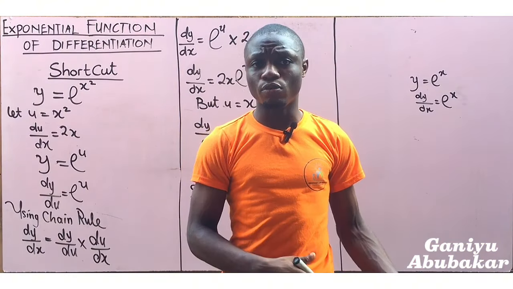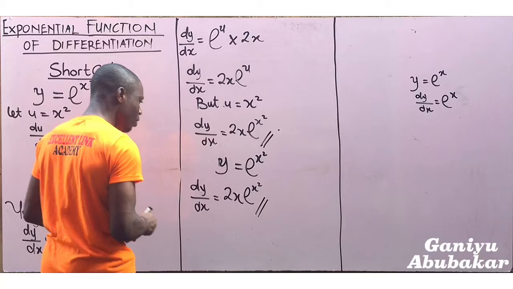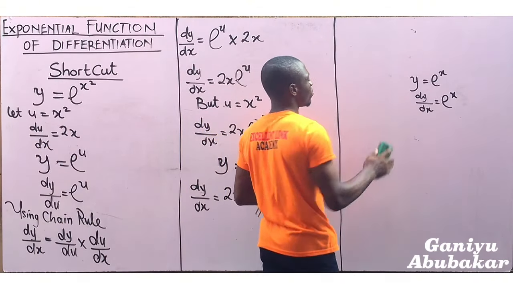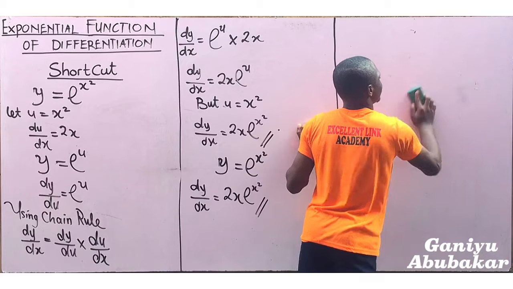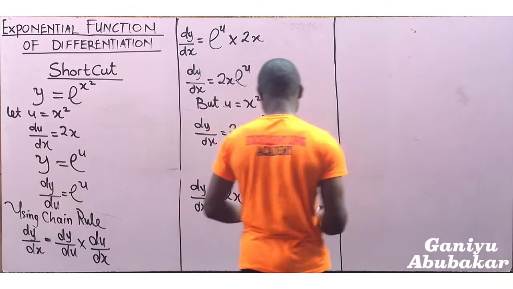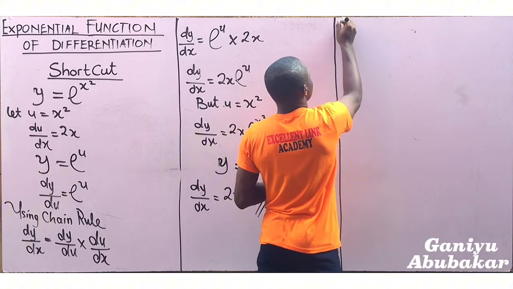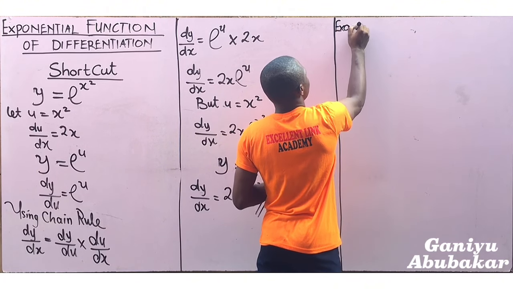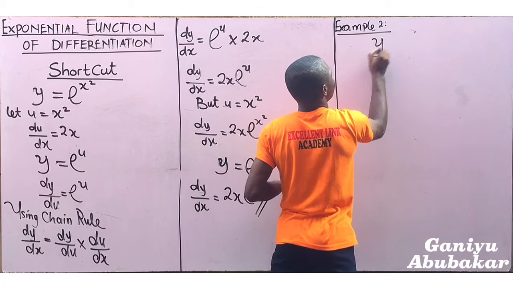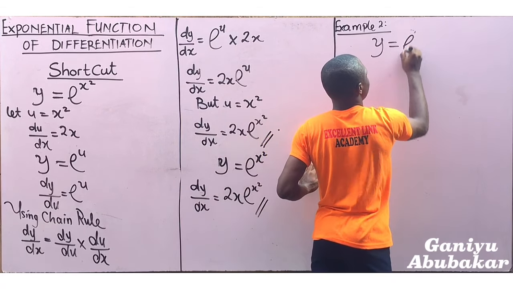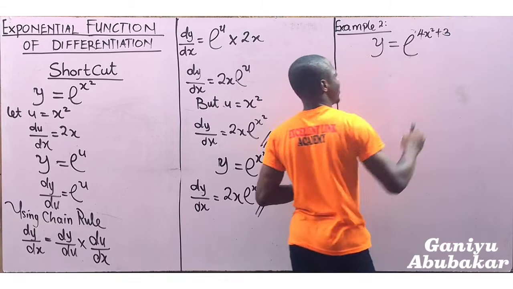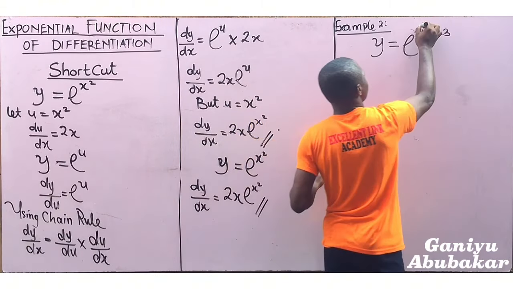We'll take several examples to further explain this. Example 2. Let's say I have that y is equal to exponential 4x squared plus 3. In this case, I'm told to solve this.